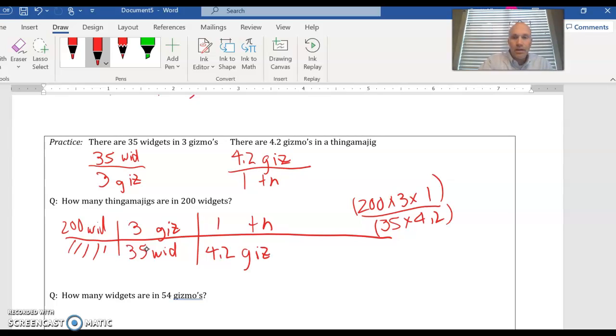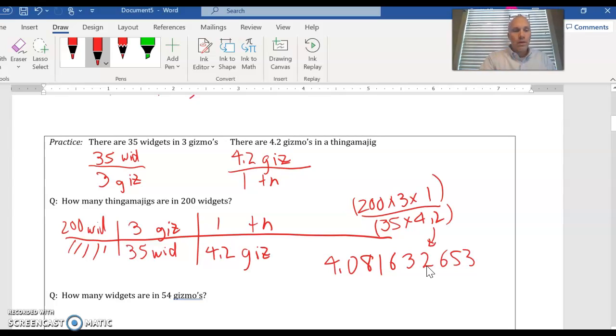Let me do that real quick. That would work out to this number right here. For right now, we're not worrying about significant figures. We'll talk about those, and we will have to apply significant figures in these calculations. But this is just the outcome of plugging that into your calculator.